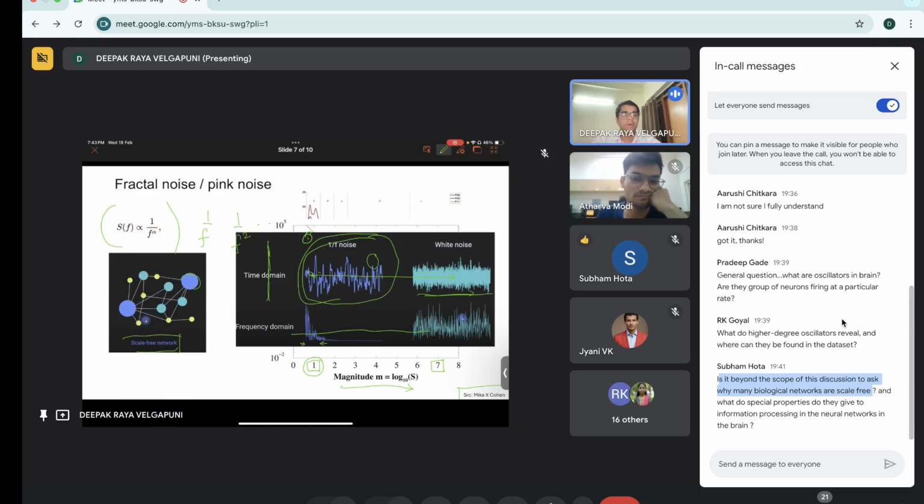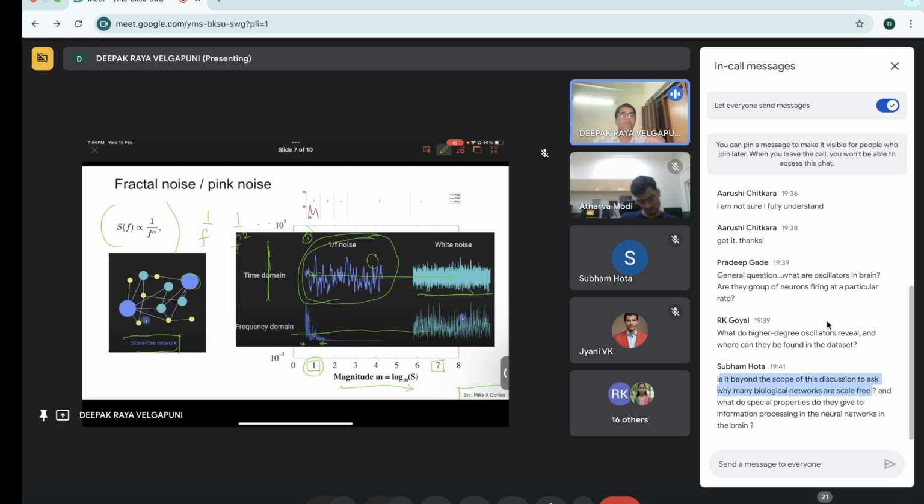Okay, so this also partly answers what high degree oscillators reveal. They also analyze gamma frequencies in gamma bands, but it's very rare in EEG datasets because of higher 1/f noise in the EEG. But if you take an LFP signal, the population of neurons that you're analyzing is smaller.